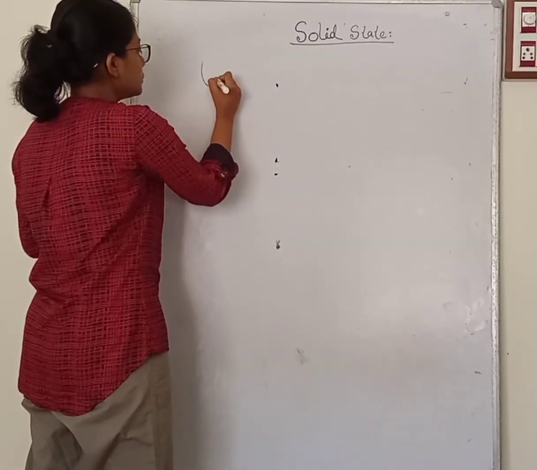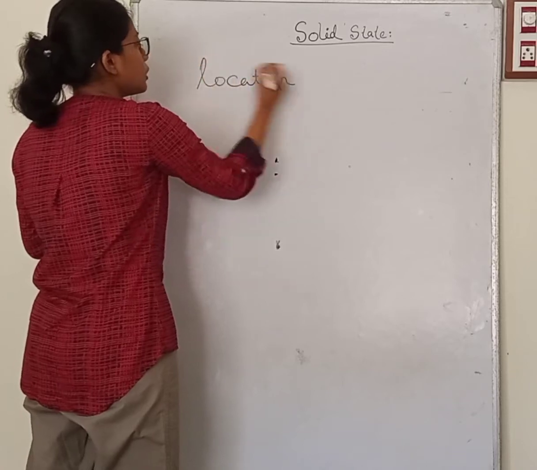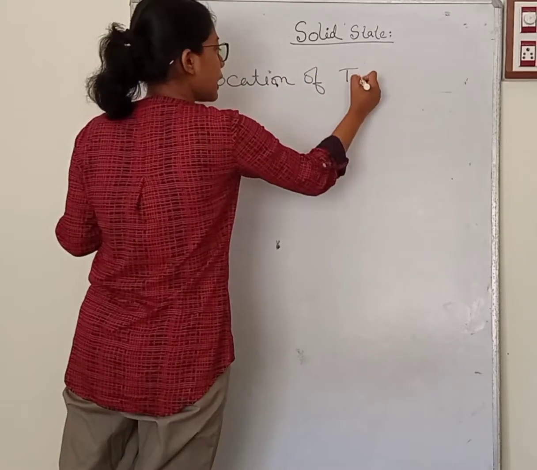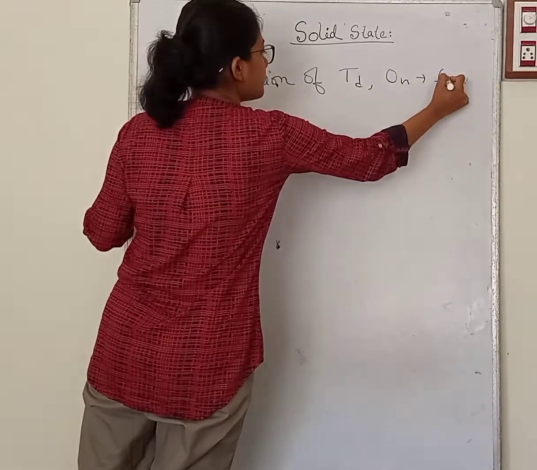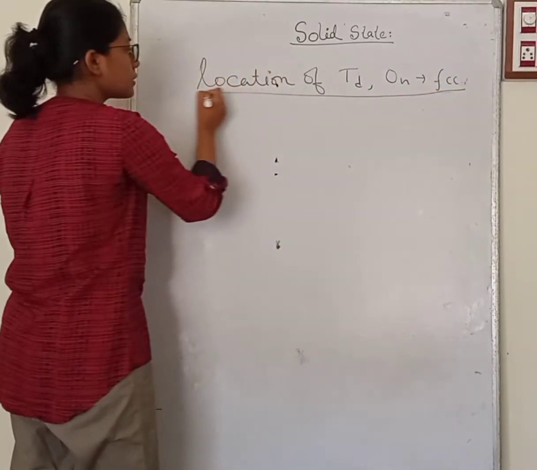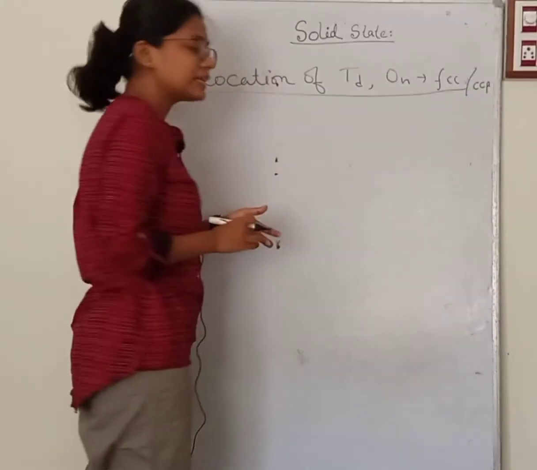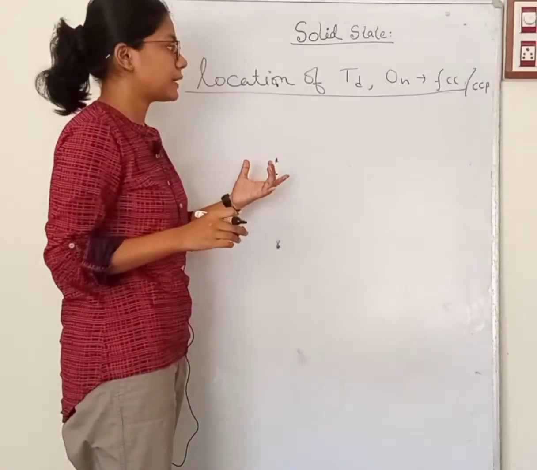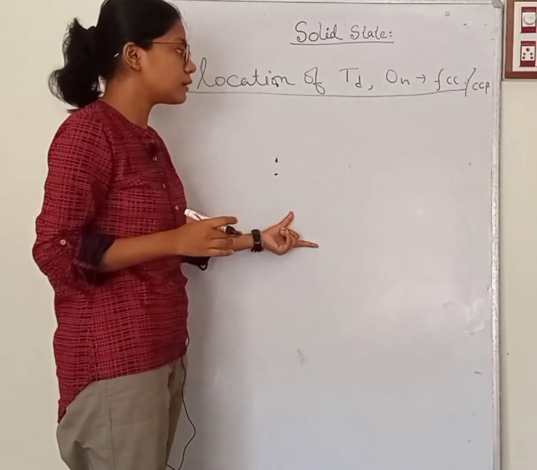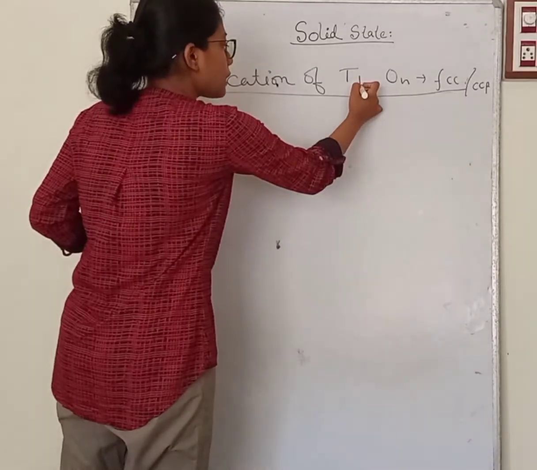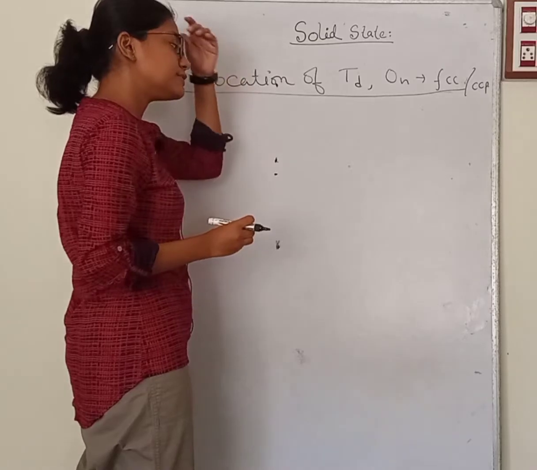Then coming to the location of tetrahedral voids and octahedral voids in FCC or CCP. It is very difficult to present this three-dimensional cubic structure on a two-dimensional board, so I will mainly describe where these voids are present.